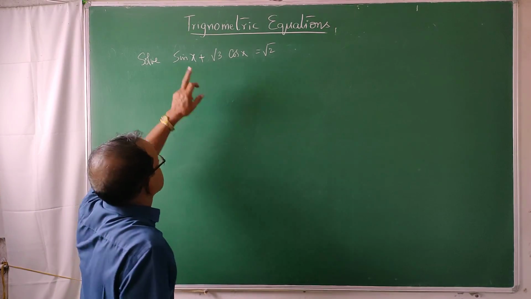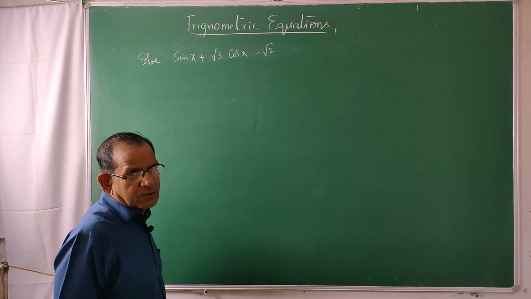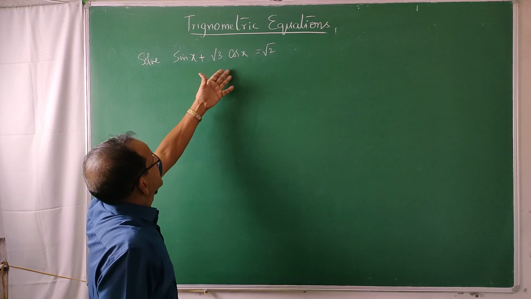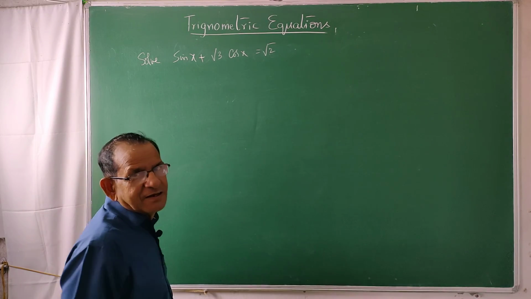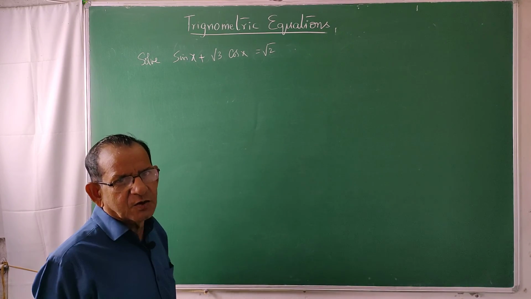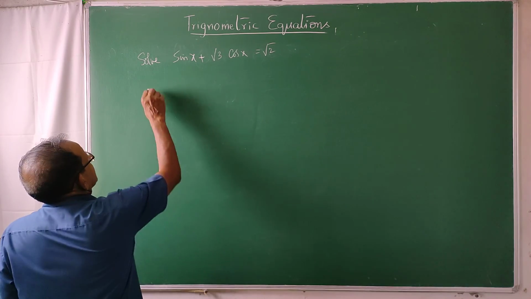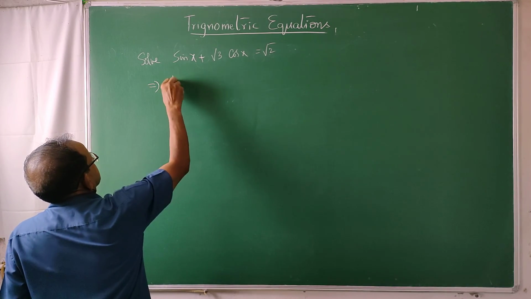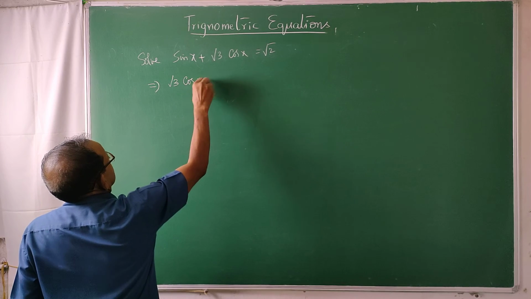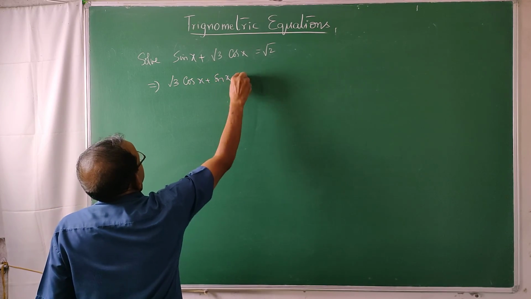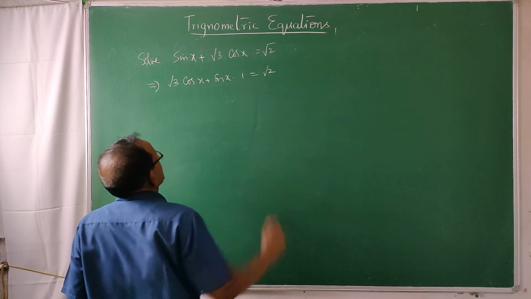Now see this question, sin x plus root 3 cos x is equal to root 2. This is also in the form of a cos x plus b sin x. You have to divide both sides by root of a square plus b square. That implies first you write cos x terms, root 3 cos x plus sin x into 1 is equal to root 2.